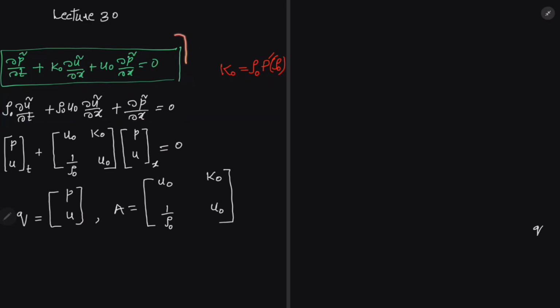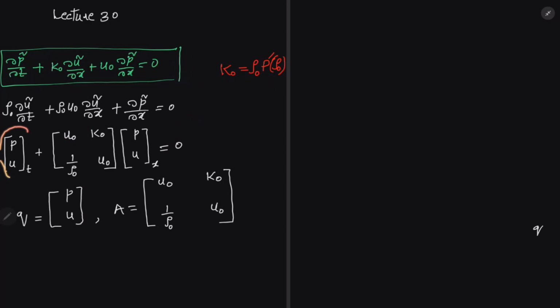We derived these two equations previously. Now we want to write these equations in matrix form, and as you can see, I already have written these two equations in matrix form.